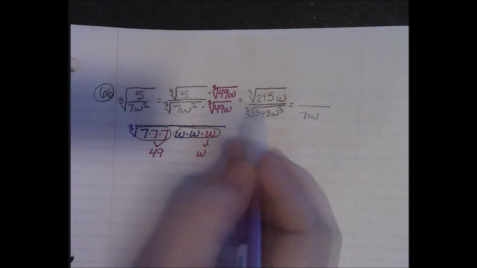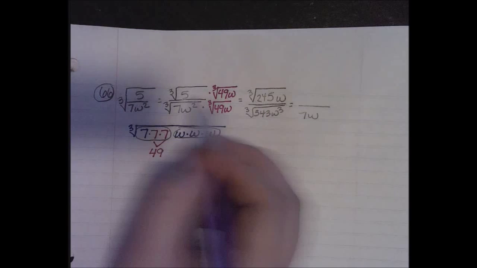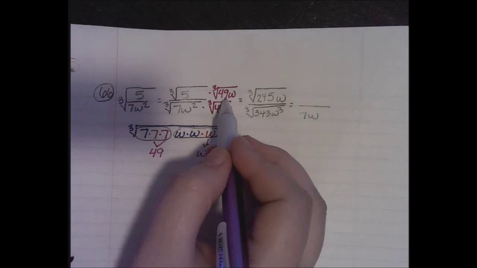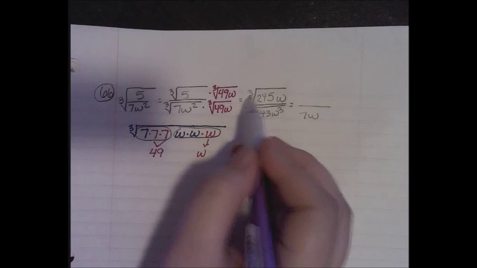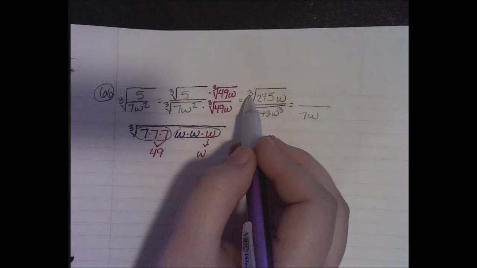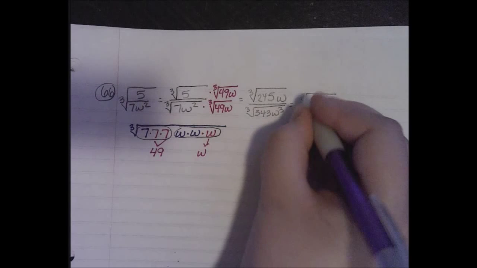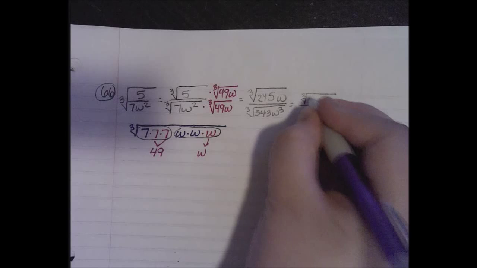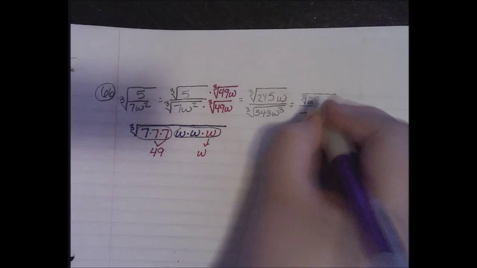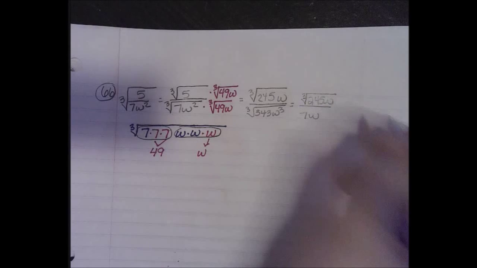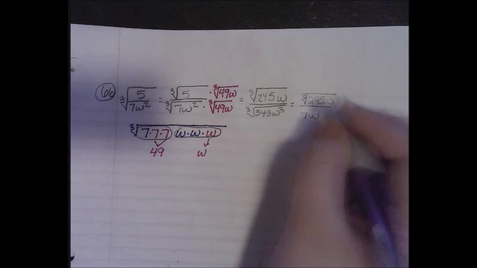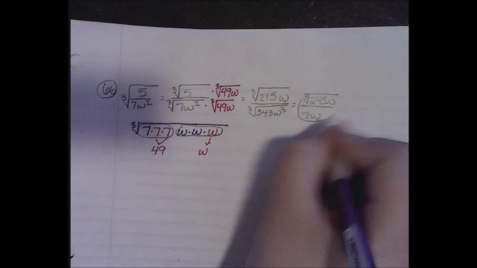Well, 5 is a prime number. 49 breaks down to be 2 prime numbers, which are 7 and 7. We need 3 of a number to release it. So that means that the only numbers it will break down to be are 5, 7, and 7.